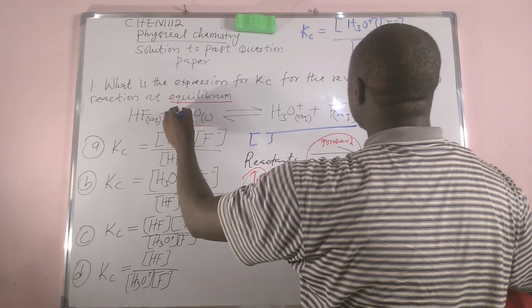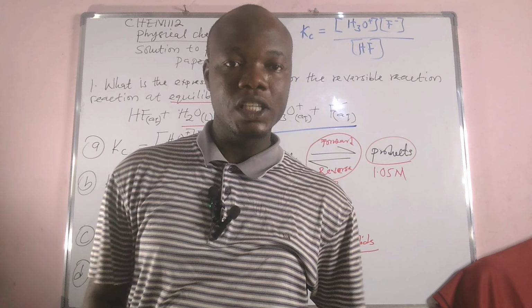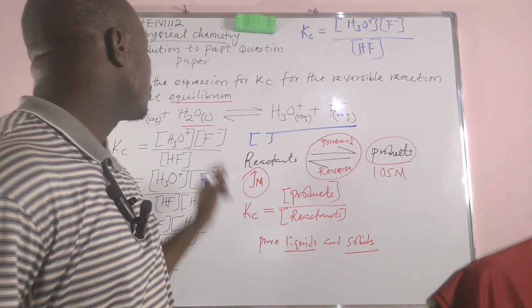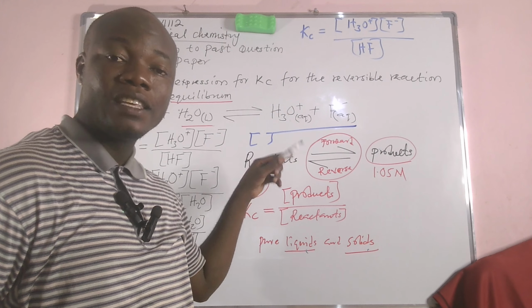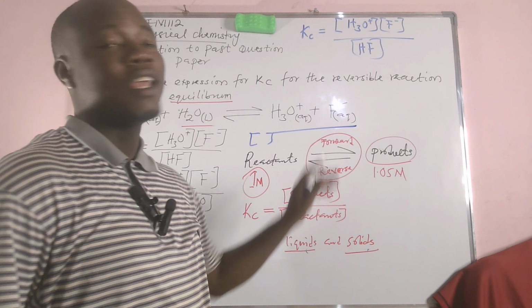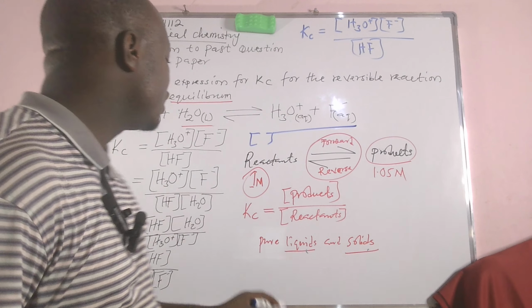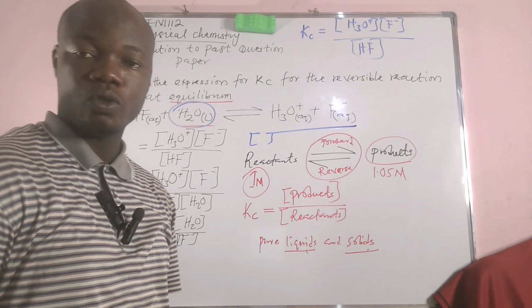Because this is a liquid, it's usually excluded, so you are not going to use it in your expression. Whenever you have a pure liquid or solid in a chemical reaction and you are going to express Kc, they are usually excluded. That is why here we exclude the water molecule.